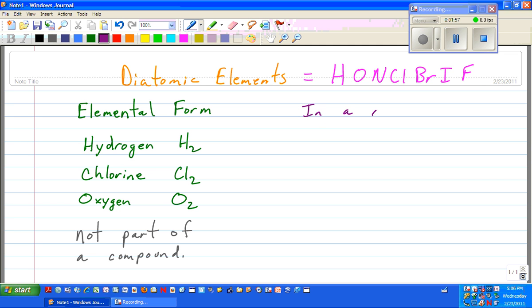So in a compound, follow formula writing rules. Some examples.